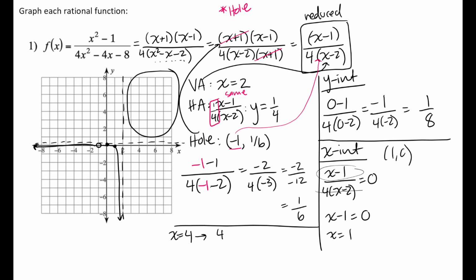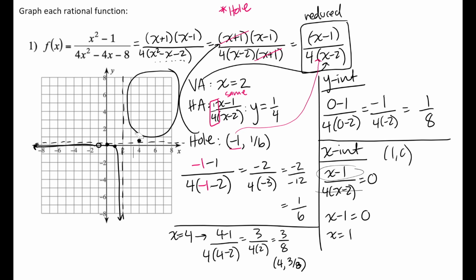I have 4 minus 1 over 4 times 4 minus 2, which is 3 over 4 times 2, or 3 over 8. Okay, so 4, 3/8. So that's a little bit less than 1/2. So we'll just put a point right here.